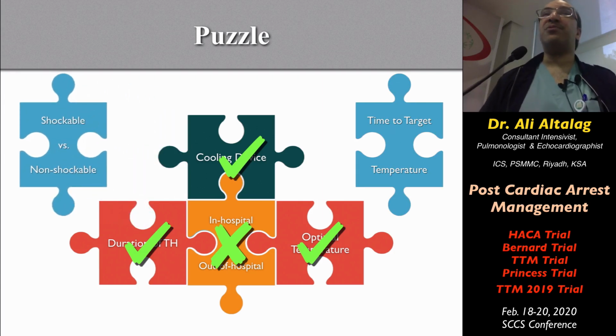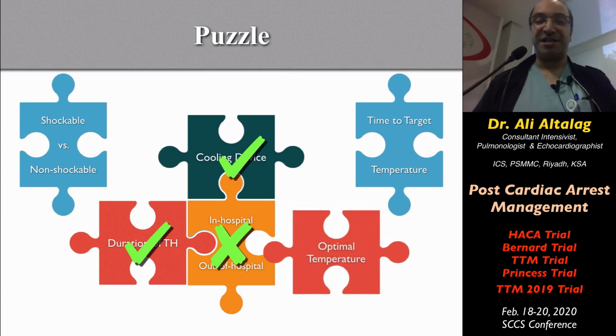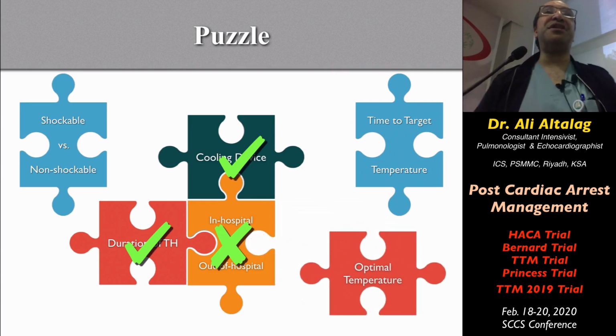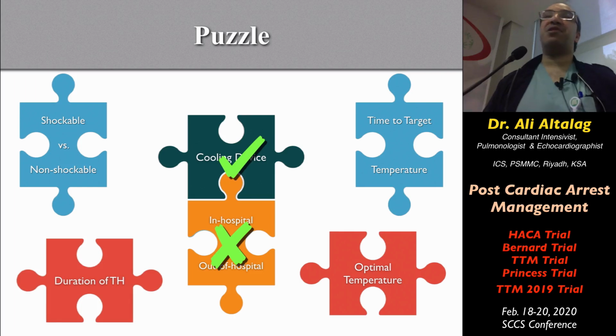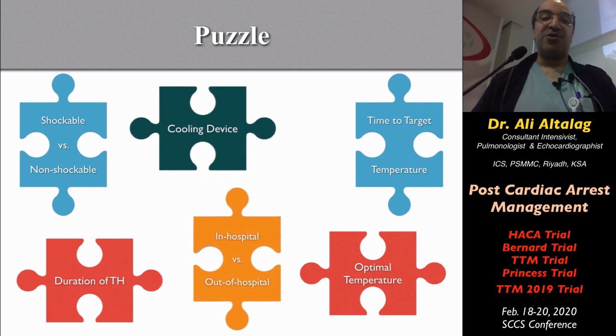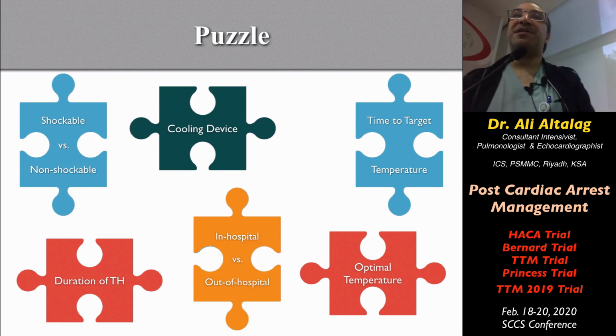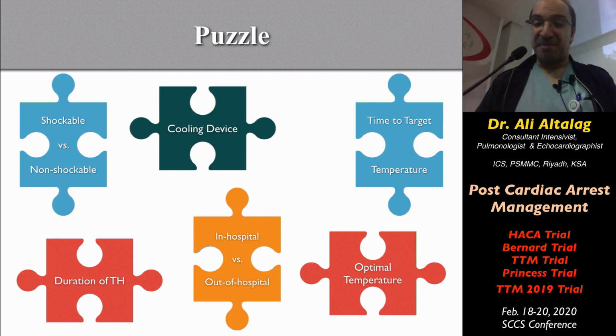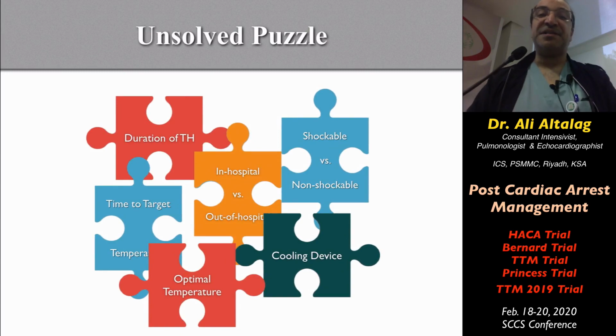Shockable or non-shockable, there is no head-to-head trial. Optimal temperature is still vague. Duration of hypothermia is still vague. Cooling device, we don't know which one is the best. In-hospital versus out-of-hospital. So basically, your puzzle is unsolved yet.